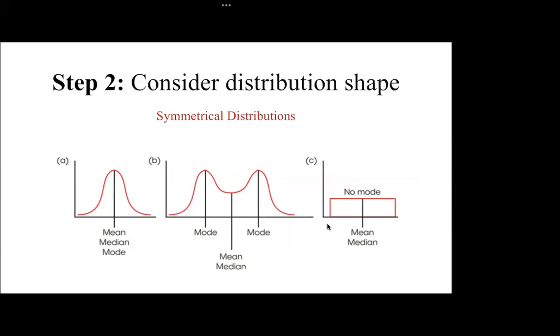The second thing to consider when you're deciding how to represent the data, or you're looking for things that might not look or feel right, is the shape of the distribution, right? So this is where we are coming back to this idea of symmetrical and skewed distributions. In a perfect normal bell curve, the mean, median, and mode will be in the same place.